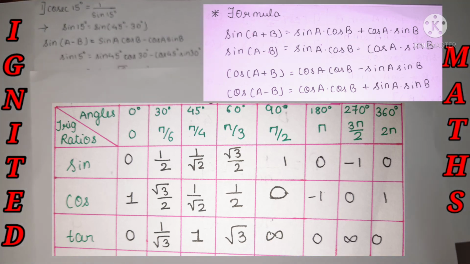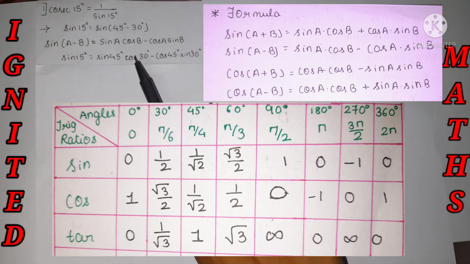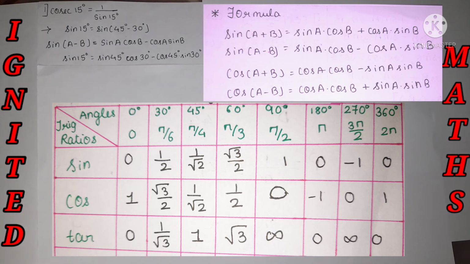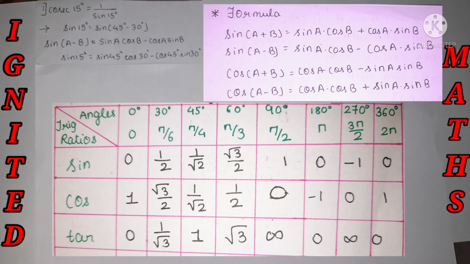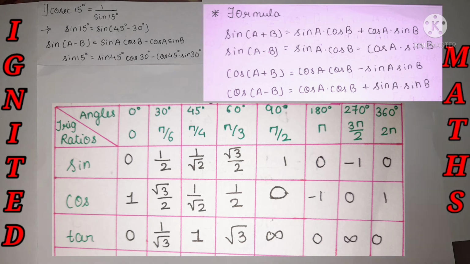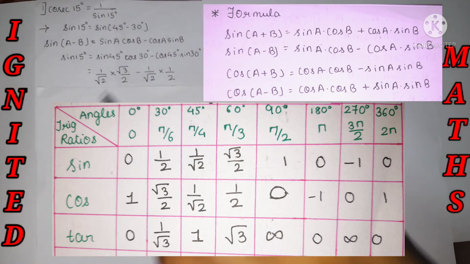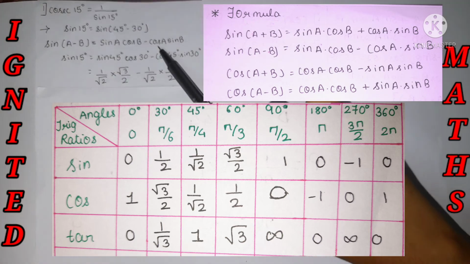Just apply it over here and we will get the answer. Sin 45 cos 30 minus cos 45 sin 30. We know the value of each and every trigonometric function listed on the screen. So just put in the values: sin 45 is equal to 1 by root 2, cos 30 is equal to root 3 by 2, and keep sin as it is.